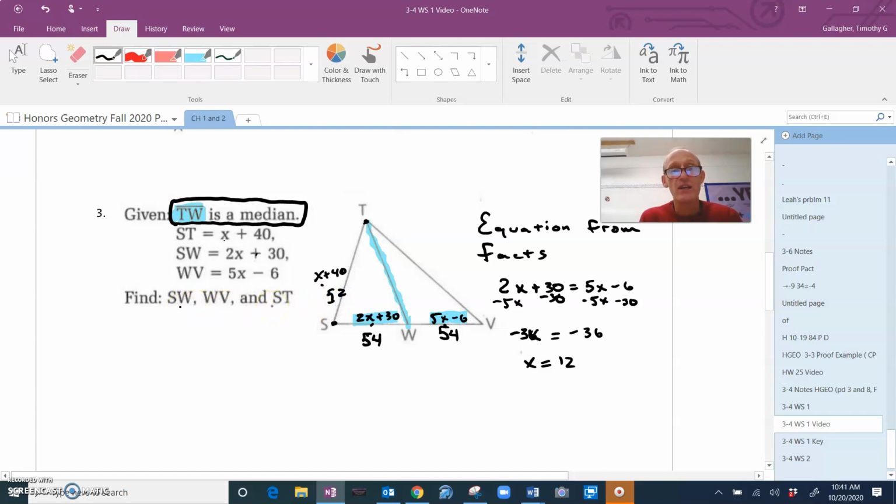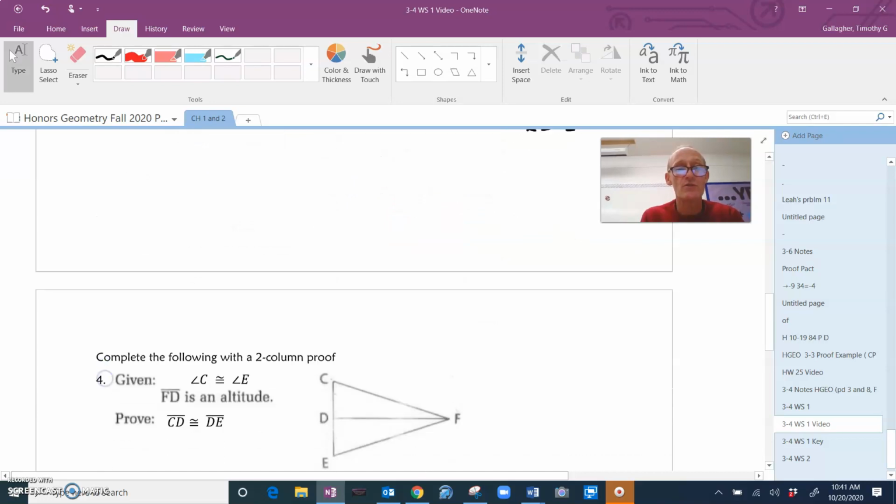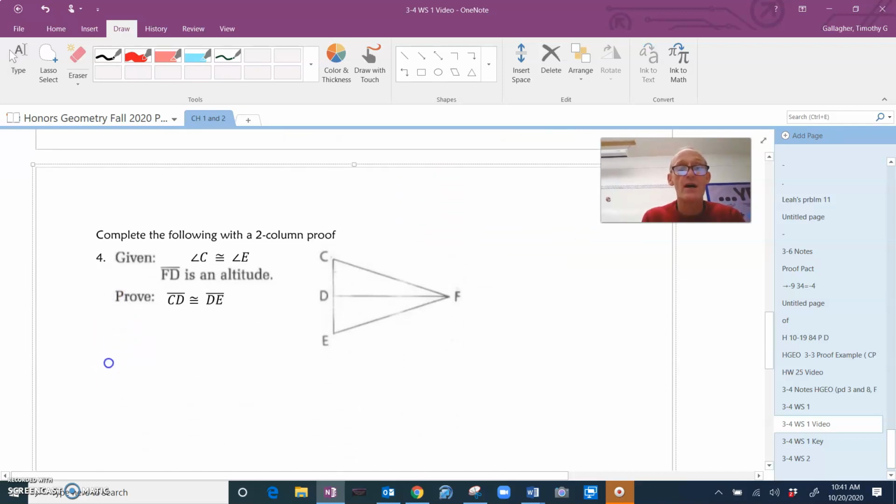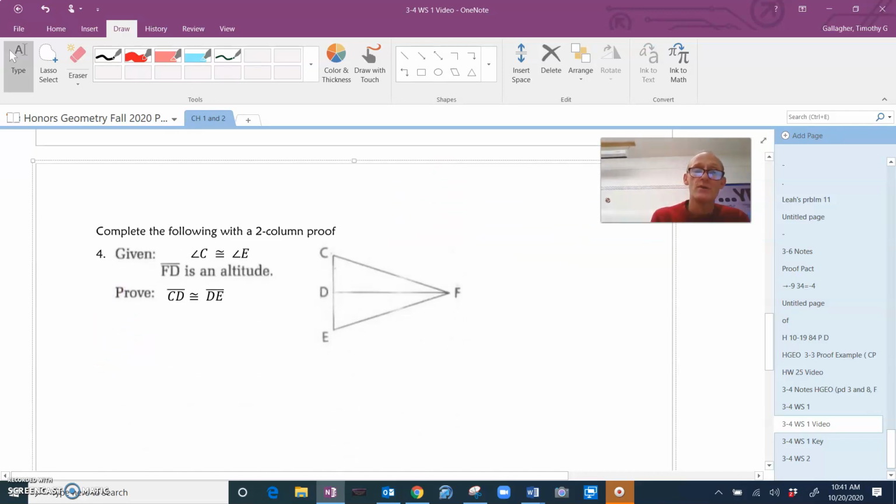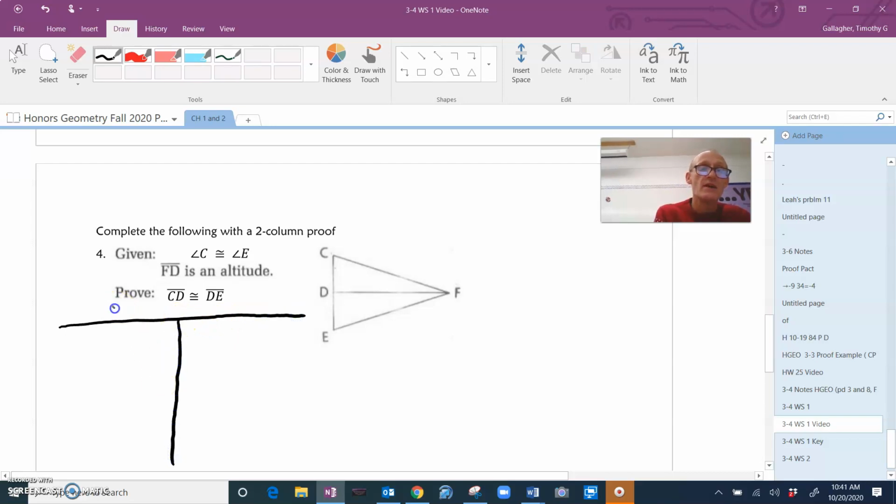All right, moving on then to number 4, which is the first proof. We have an altitude. So we have to do a 2-column proof here. And when we set this up, we have statements on the left and reasons on the right. We have angle C is congruent to angle E. And that's given. And we can write that in there.